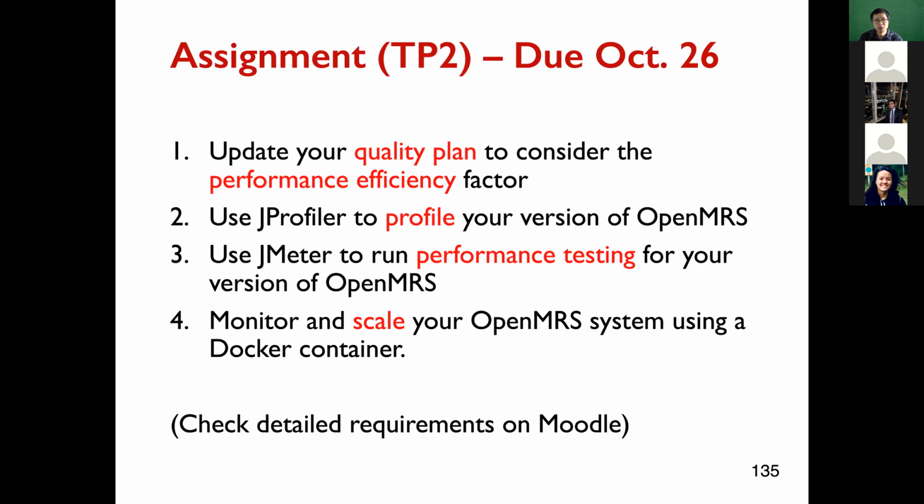So first I want you to update your quality plan to consider the performance efficiency factor. Second, I want you to use JProfiler to profile your version of OpenMRS. What is your version? It's the 2-feature version of OpenMRS, right? Third, I want you to use JMeter to run performance testing for your version of OpenMRS. And fourth, I want you to monitor and scale your OpenMRS system using Docker containers.